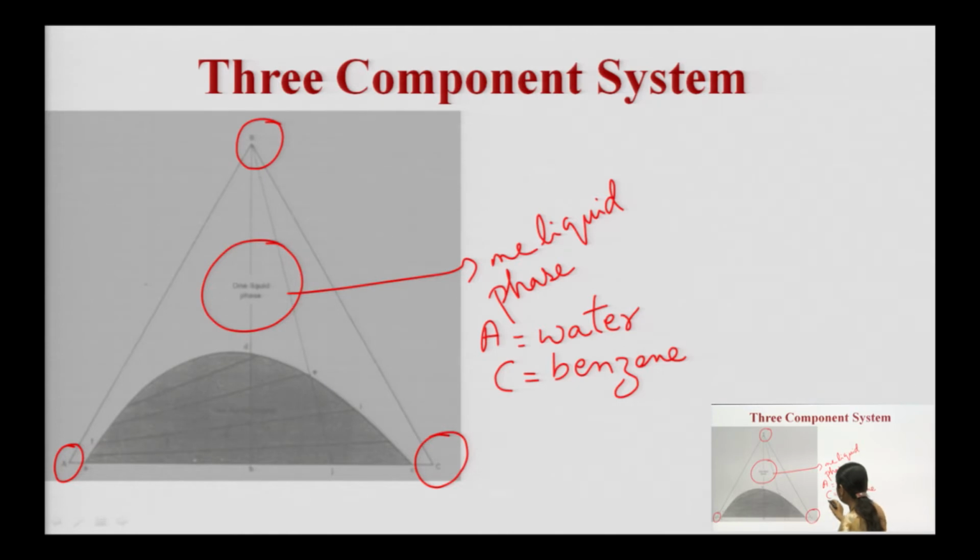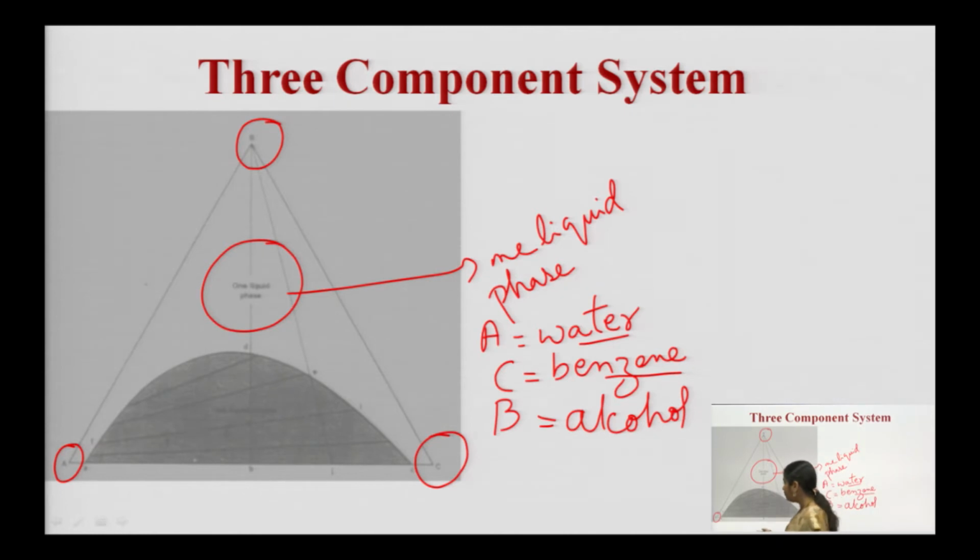C is benzene and B is your ethyl alcohol. Now, this ethyl alcohol is soluble in both benzene as well as water. So, it is soluble in both.